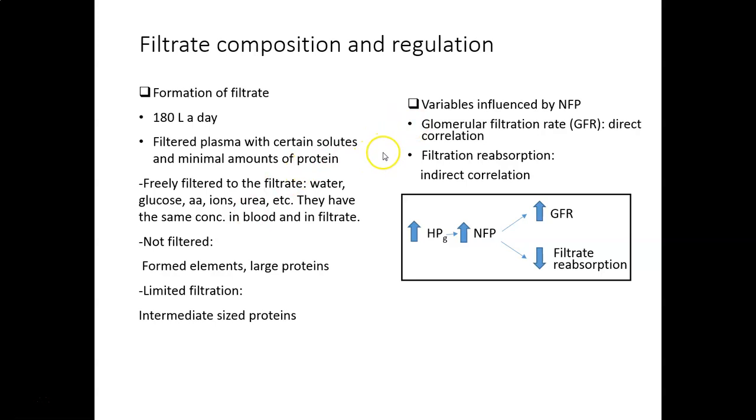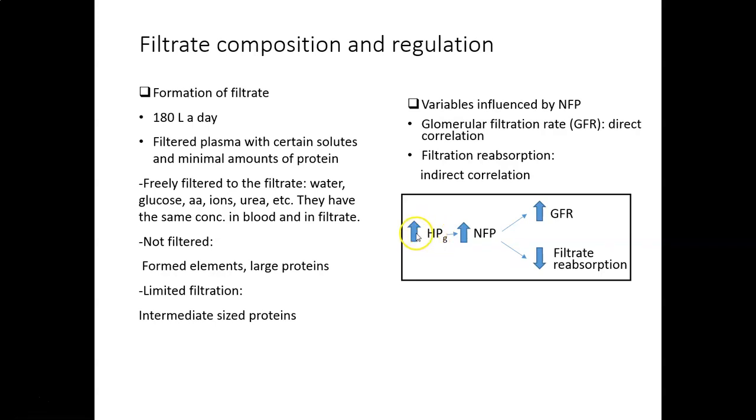But now let's look at what influences NFP, based on what we already have, the equation in the last slide. A big factor in influencing NFP, the net filtration pressure, is by influencing the HPG, that's the glomerular hydrostatic pressure in the glomerulus.